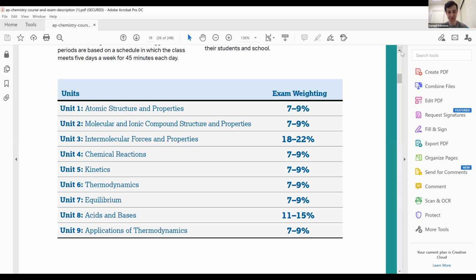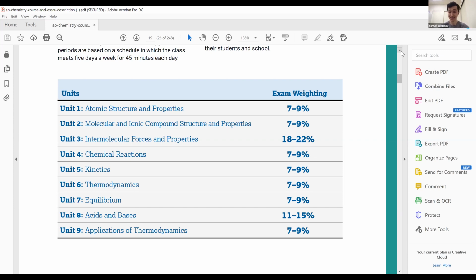Acids and bases. I'm sure everyone has heard of these terms in some way or another before. Basically, an acidic solution has a low pH, and we're going to talk about how pH actually just measures the concentration of hydrogen ions. Certain atoms, elements, and compounds are more likely to give up these hydrogen ions because of atomic stability, which we're going to talk about throughout the course.